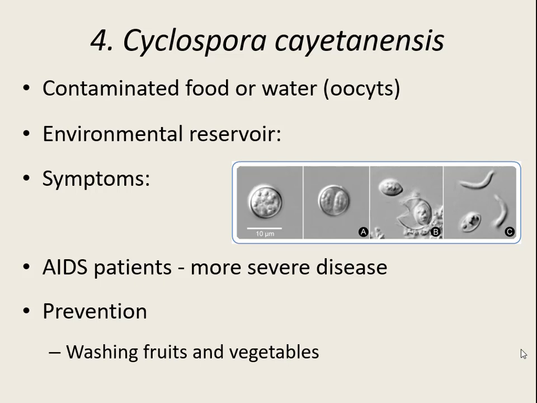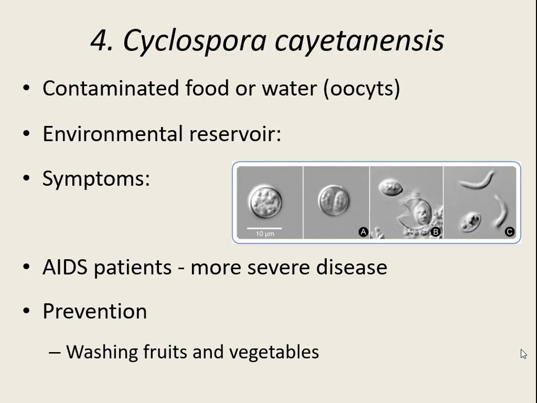And then our very last of our protozoans is Cyclospora cayetanensis. It's picked up in contaminated food or water that cyst form again. The environmental reservoir where that contaminated food and water came from is unknown. We're not sure if it's a specific animal, lots of animals, like who's contaminating the water.